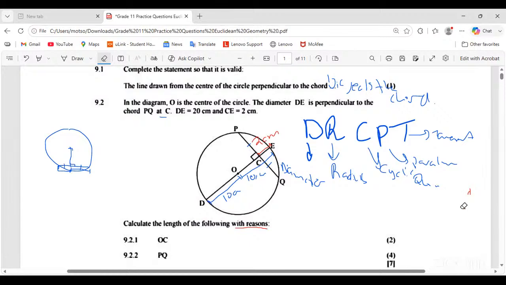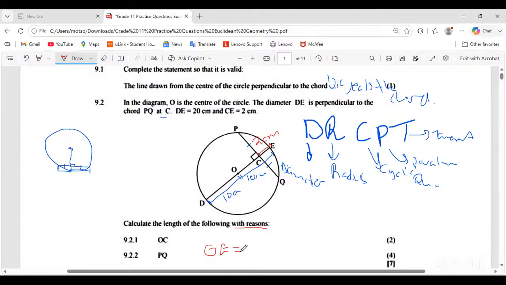Okay, now we want to calculate the length of OC with reasons. Okay, now OC is from here to here. Now, what do we need to do? Okay, in order for us to find OC, what are we first going to do? We are going to find OE.